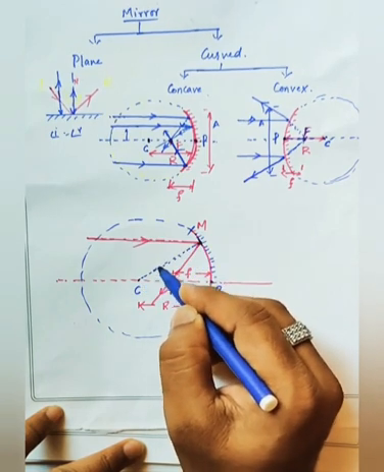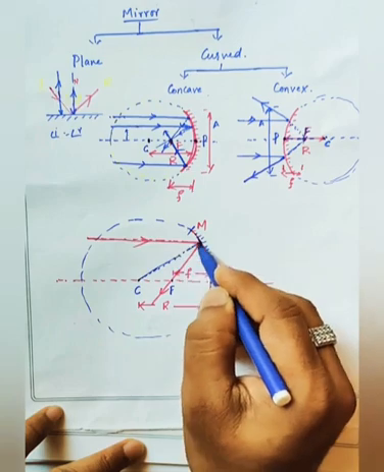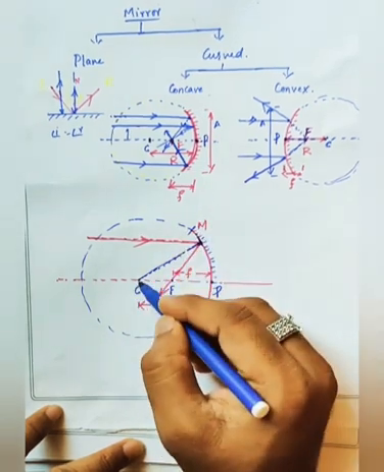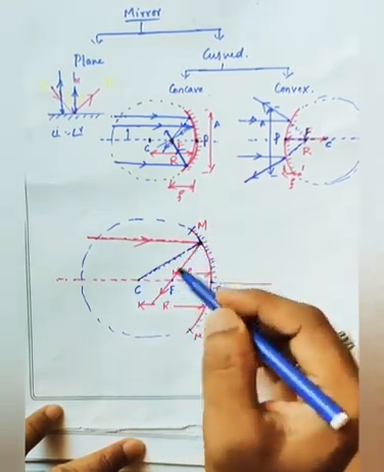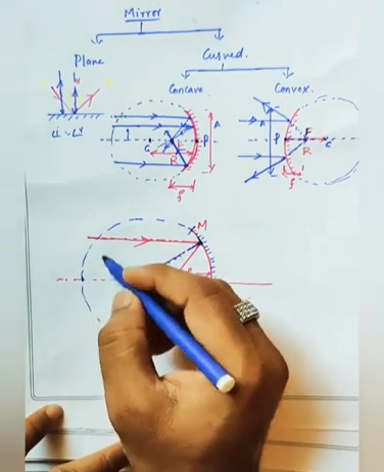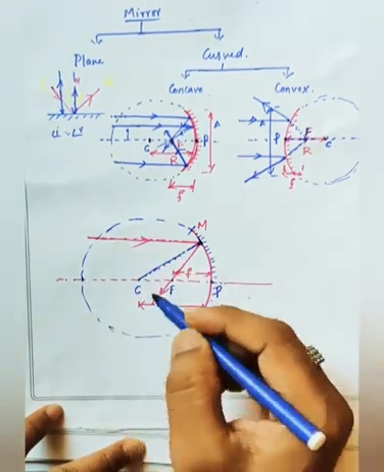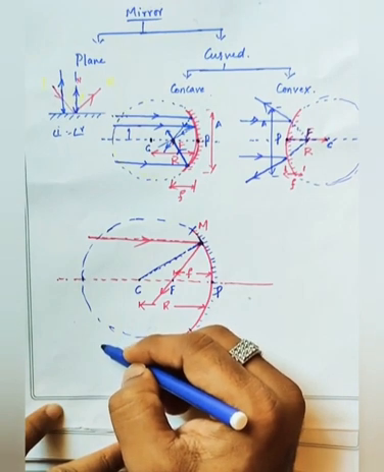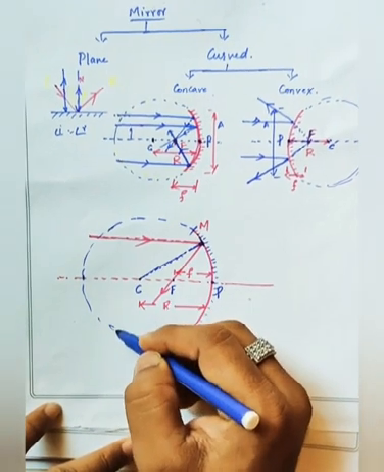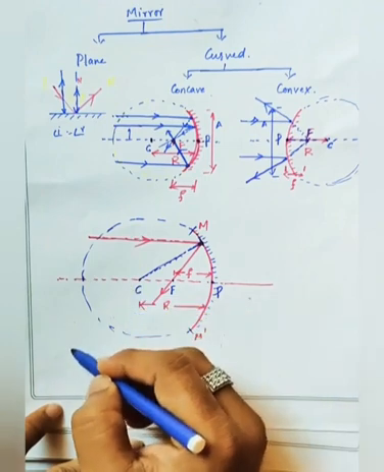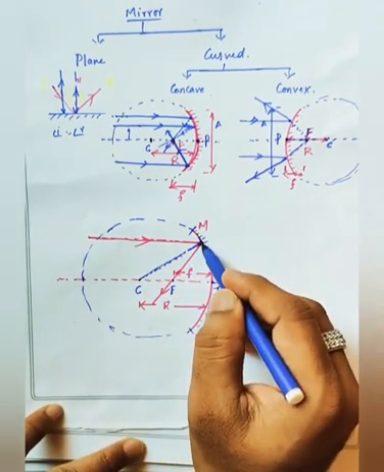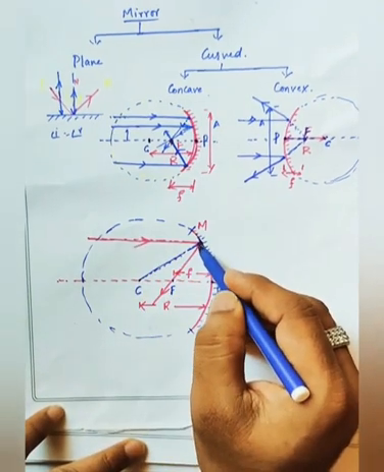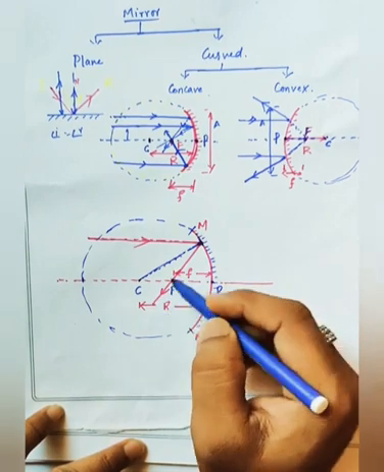Okay, so this is your normal for the spherical surface. Always this is your normal. Suppose I take this point or this point, anywhere, if you draw the line going towards the center, that will be the normal. If the light is coming and striking this spherical surface, it is going to reflect back in this direction.